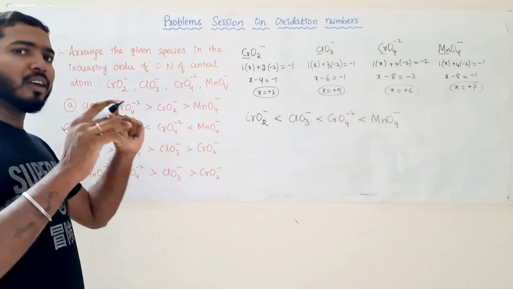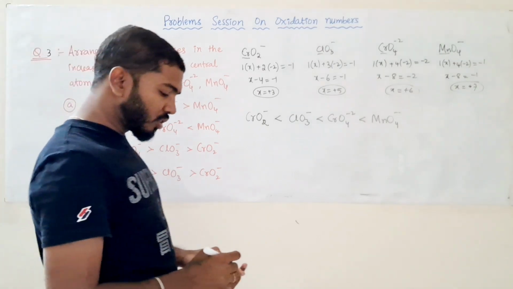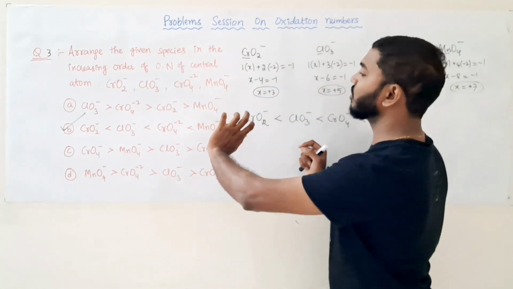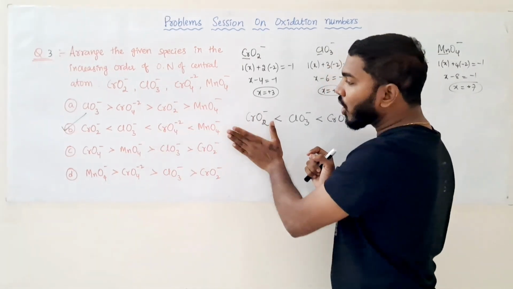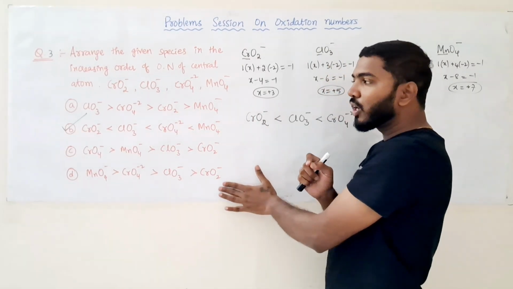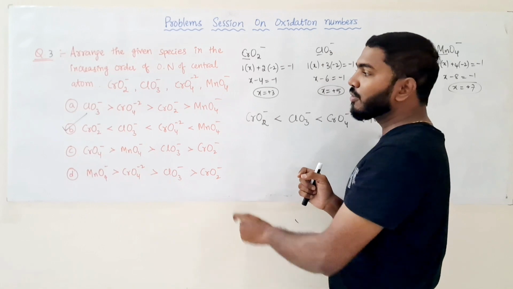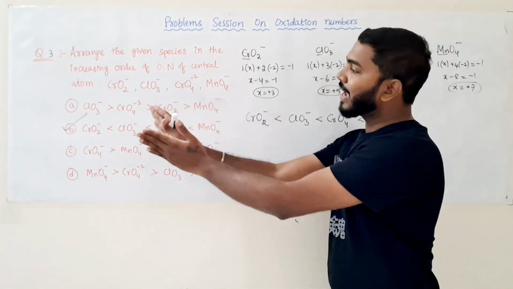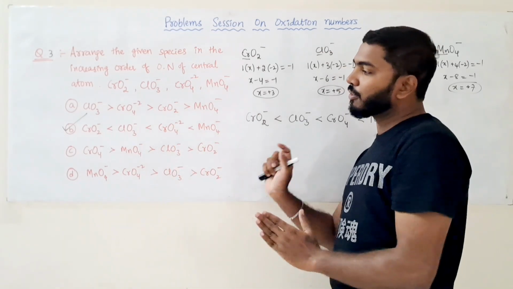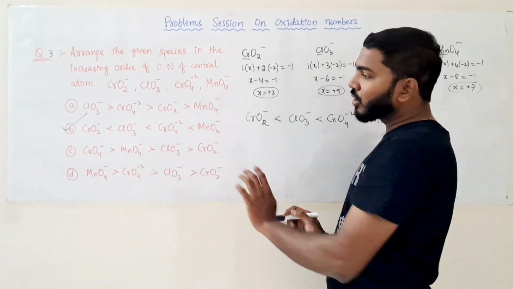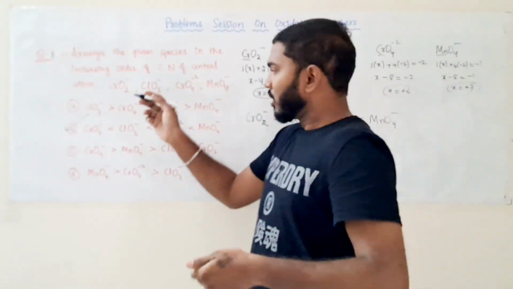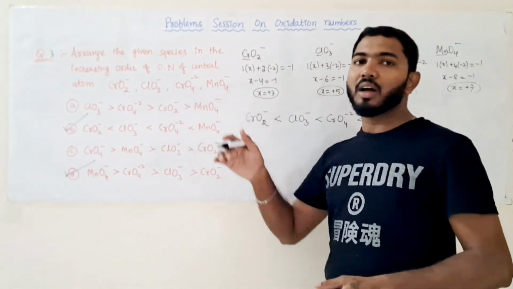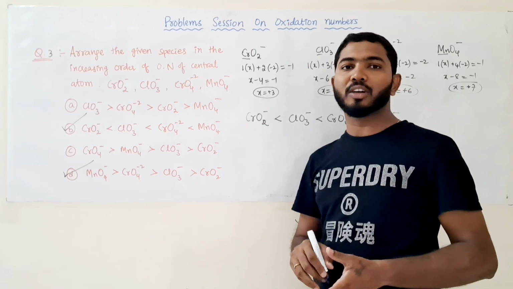Just to give you some additional information, I have just reversed the order and given you this particular order also. If you observe carefully, option B and option D are the same, I have just taken the options front and back, that's it. Generally in the Mains exam we don't have multi-correct options.